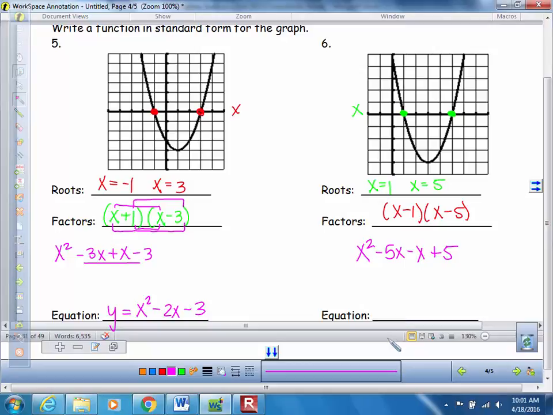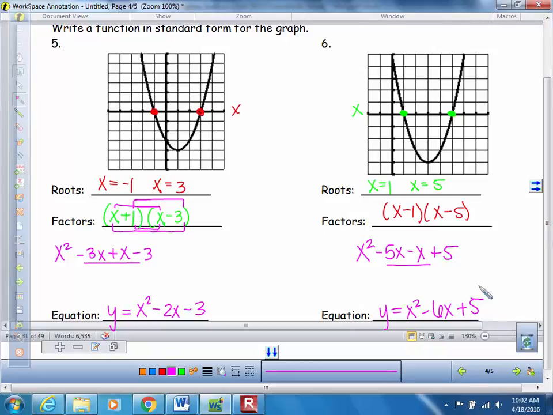So to write my equation, I always want y equals. So we have y equals. X squared doesn't change, so it's x squared. Then I have a negative 5x and a negative 1x, which gives me a negative 6x. Bring down my plus 5.